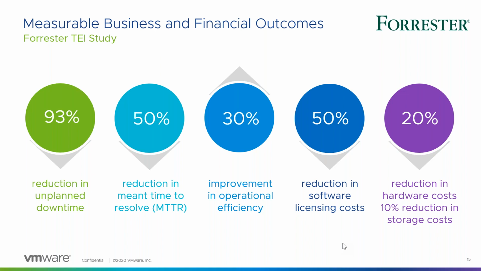So what's important here is that these customers were experiencing a 93% reduction in unplanned downtime. We mentioned what performance optimization capability can do for you, and that's what it's helping them to do. That's pretty fantastic. They are experiencing a 50% reduction in mean time to resolve, which comes into play with our intelligent remediation and the troubleshooting and the monitoring.